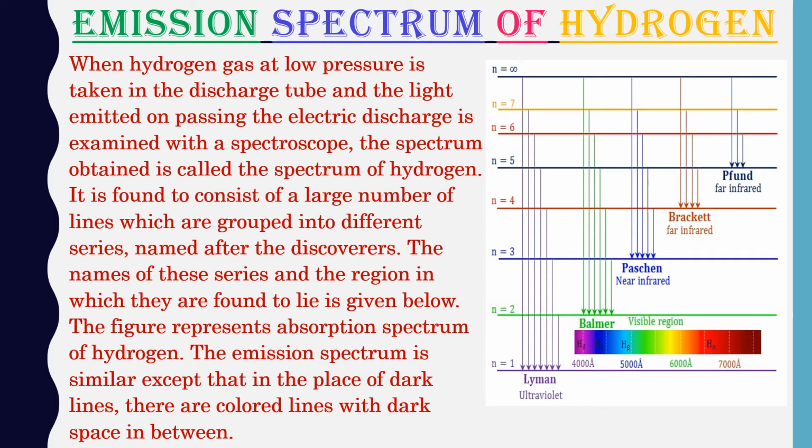As gases with high molecular masses are taken, the spectra become more and more complex. That's why initially the line spectrum of hydrogen was studied. These lines lie in various regions and have different series names. So I hope you have understood the emission spectrum of hydrogen.